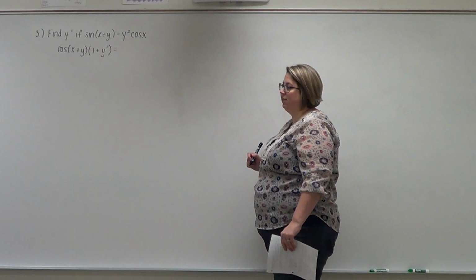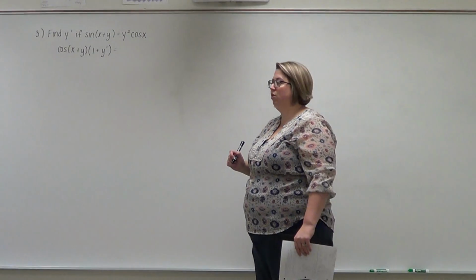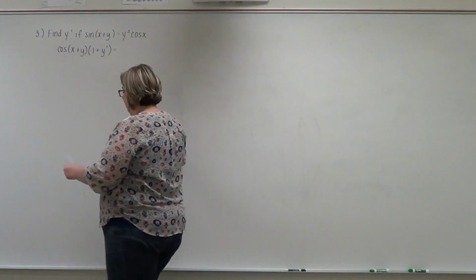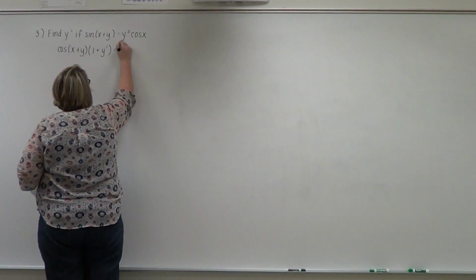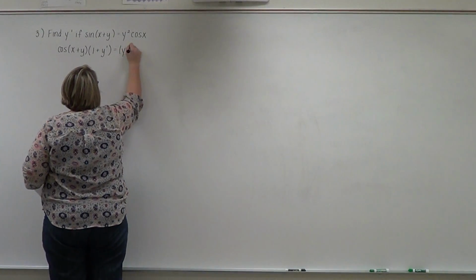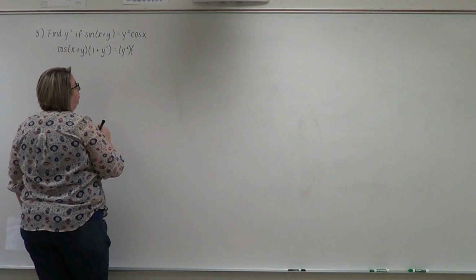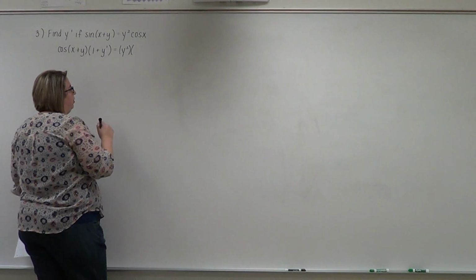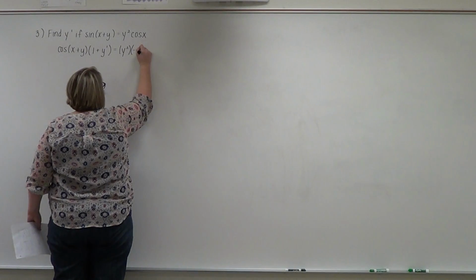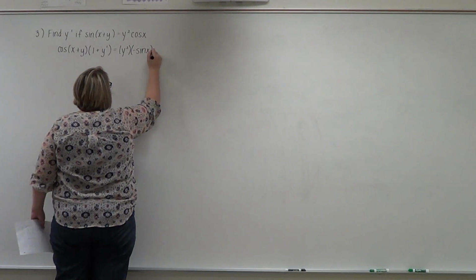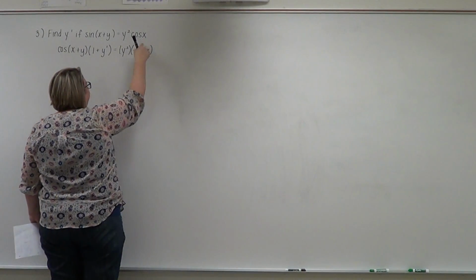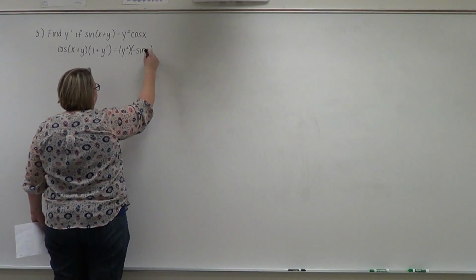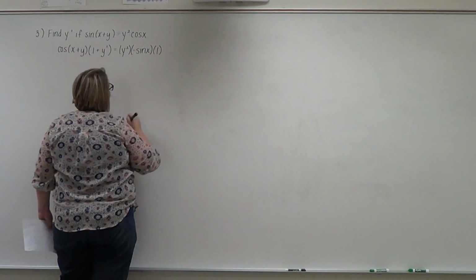Then the right-hand side, this is product rule. So you're going to have your f of x times the derivative of g. The derivative of cosine is negative sine x. Then I have to do the derivative of the angle because this is a chain rule, so the derivative of x would just be 1.